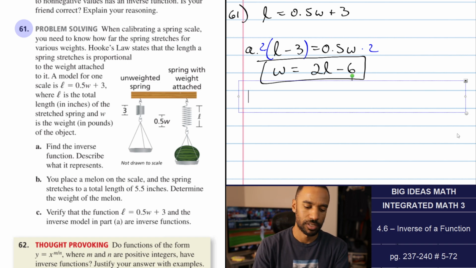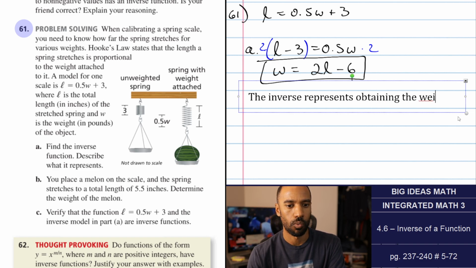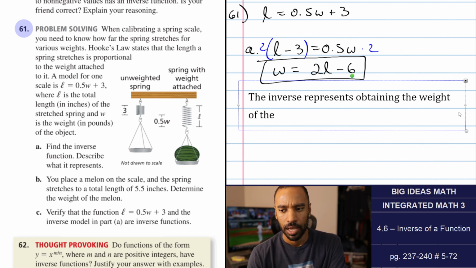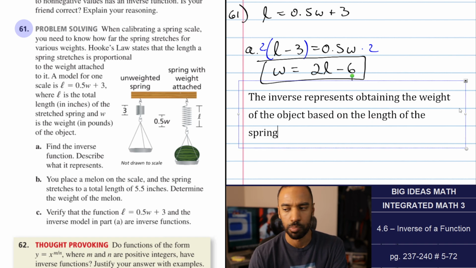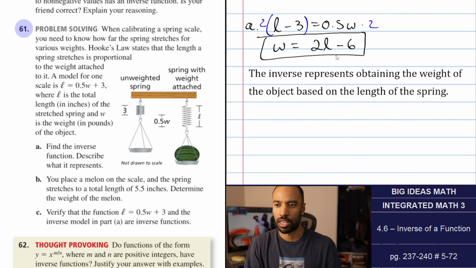The inverse represents obtaining the weight of the object based on the length of the spring, instead of the other way around, right?